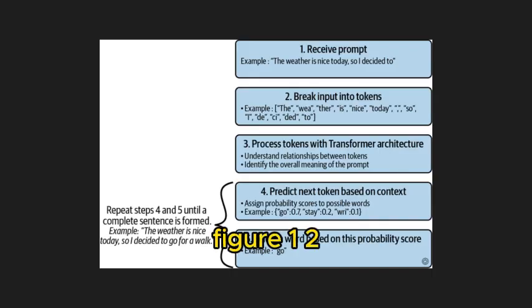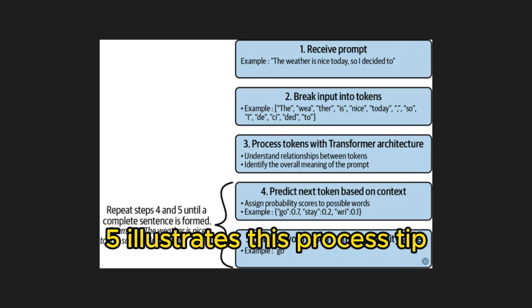The second token that the model might predict could be "for." This process is repeated until a complete sentence is formed: "go for a walk." This process relies on the LLM's ability to learn the next most probable word from massive text data. Figure 1-5 illustrates this process.